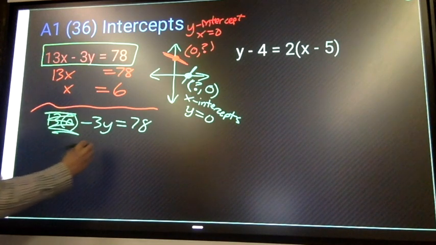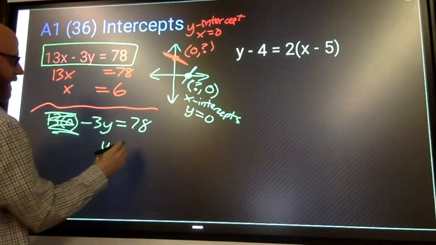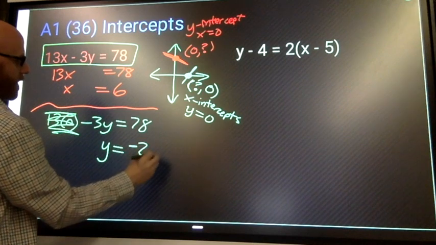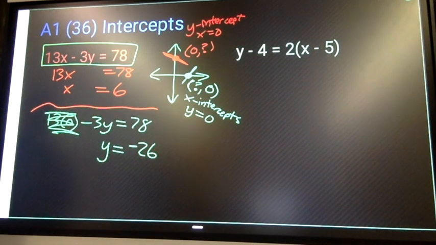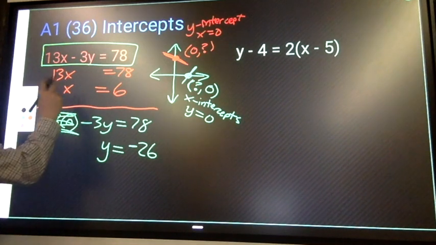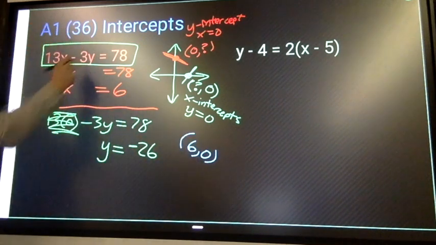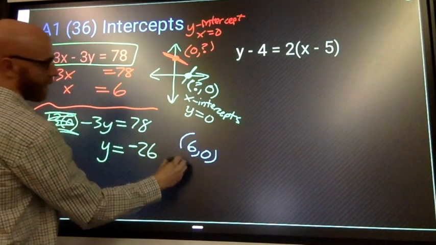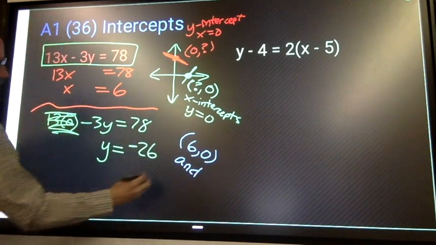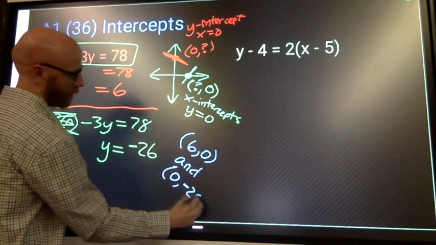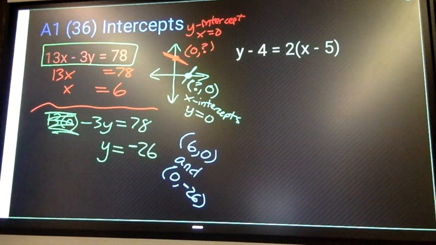Divide both sides by -3. Y equals -26 when x is 0. So my two intercepts for this equation are 6, 0, x equals 6 when y is 0, and 0, -26. Y equals -26 when x is 0.